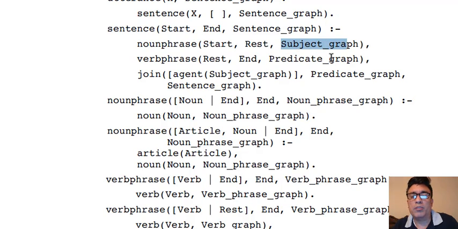So what we need to do is join the information that comes from the noun phrase and the verb phrase.